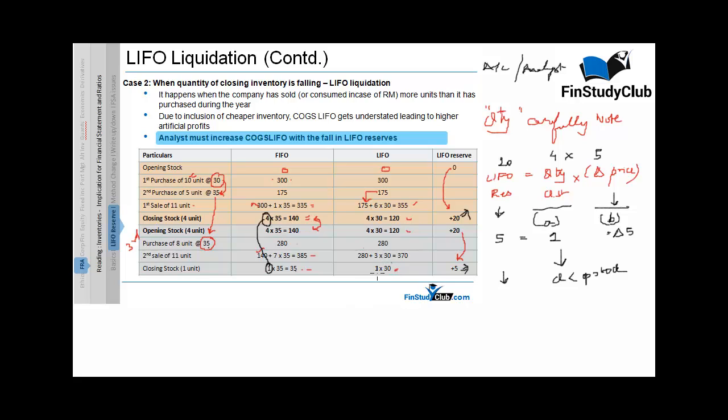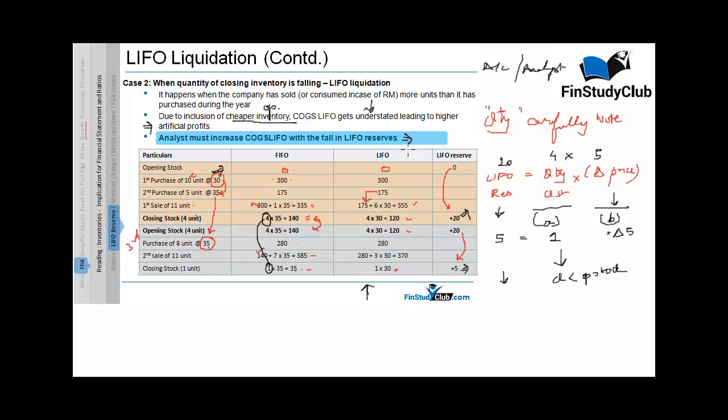The firm, for any reason, might want to show a higher profit and therefore want to liquidate the inventory lying in the opening stock. That may be artificial. The point here is that due to the inclusion of cheap inventory, which is the opening inventory right at the opening prices, COGS under LIFO gets understated, leading to higher artificial profit. To be very honest, this might happen intentionally or non-intentionally as well.